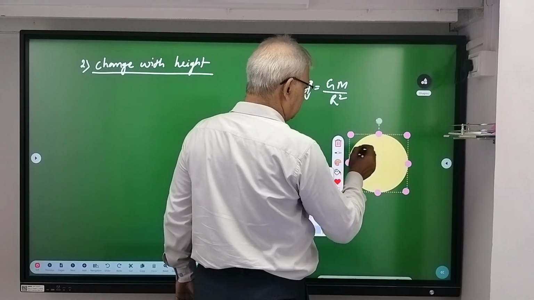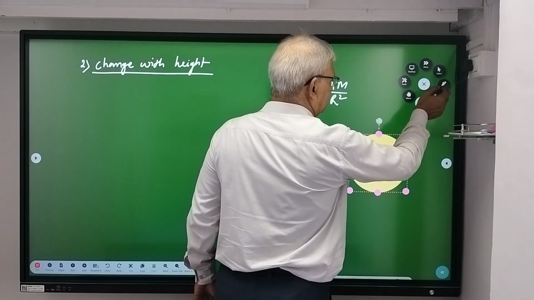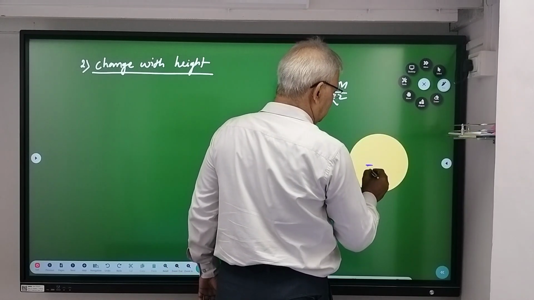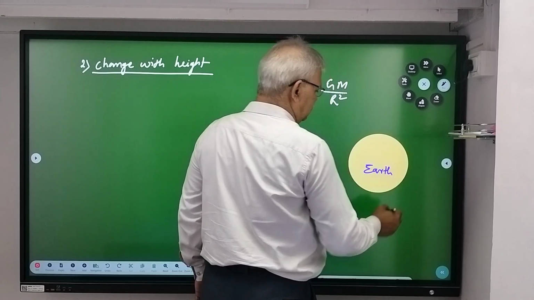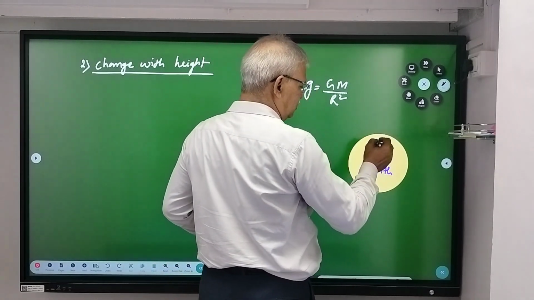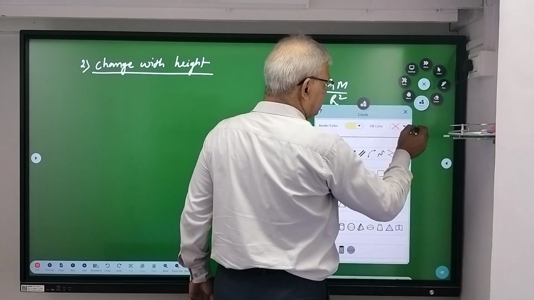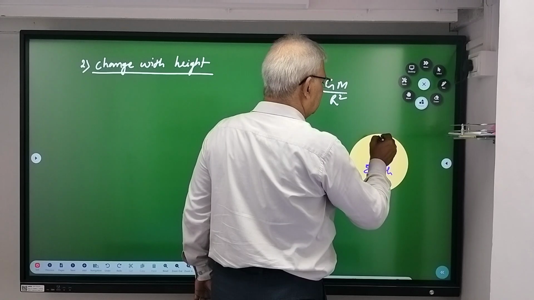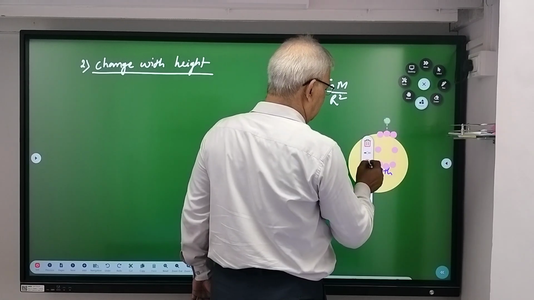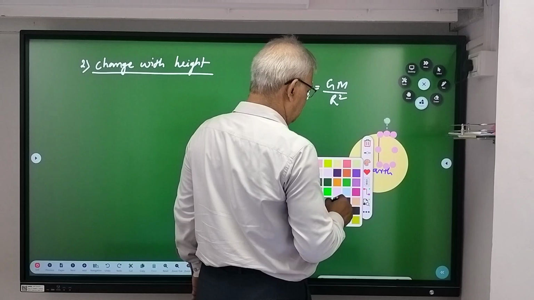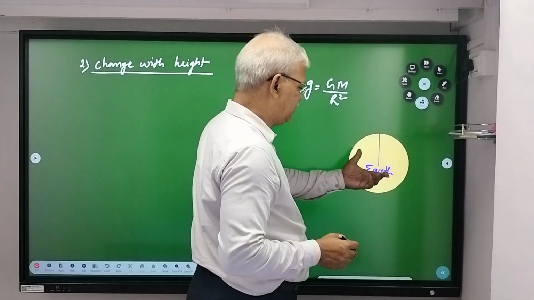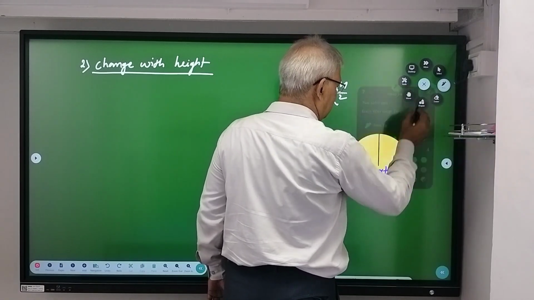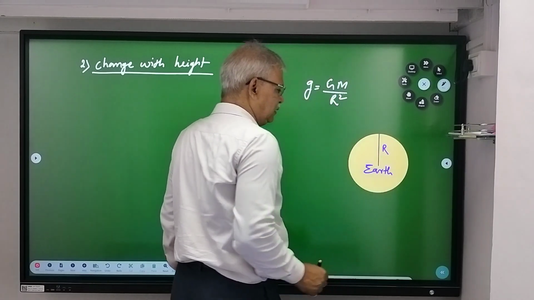Now suppose this is your Earth, okay? This is your Earth, and its radius is R.